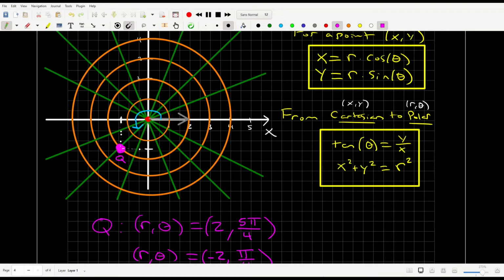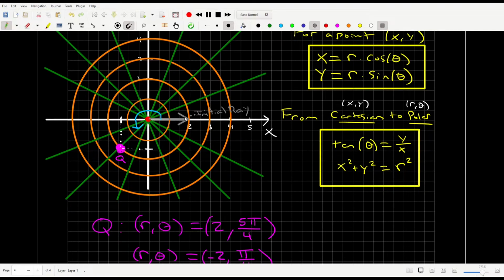So why can we do this? Well, the answer is that it all has to do with this arrow right here, which is called the initial ray, associated with how we're describing the point. This initial ray comes from the first description in polar coordinates, 2, 5 pi over 4.